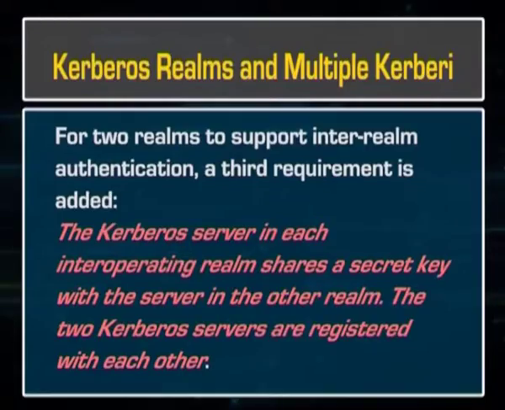For two realms to support inter-realm authentication, a third requirement is added. That is, the Kerberos server in each interoperating realm shares a secret key with the server in the other realm. The two Kerberos servers are registered with each other.